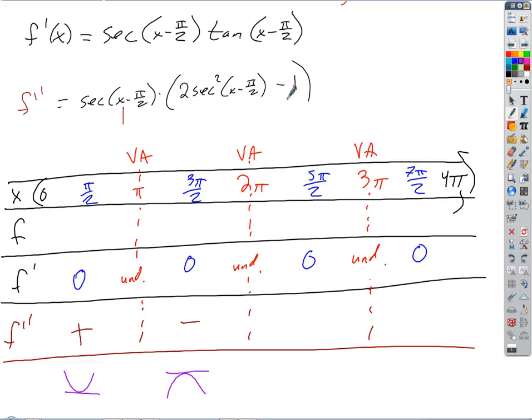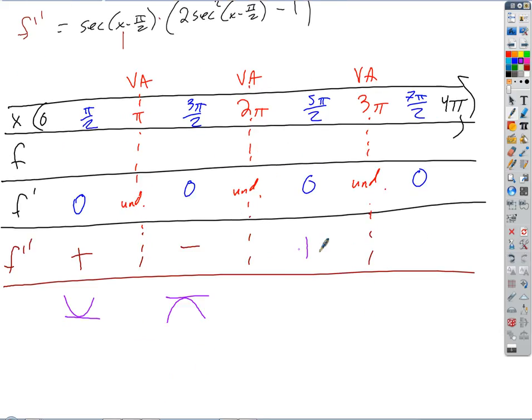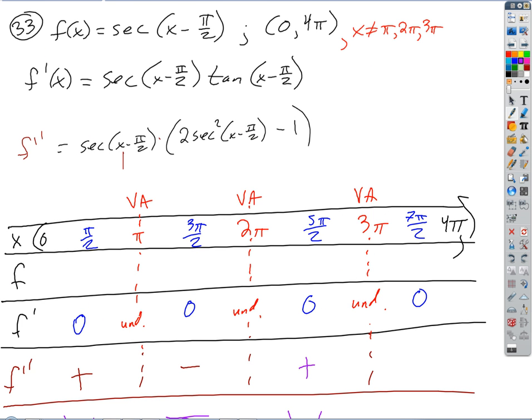Over here, no matter what, we're going to get back positive. And then finally, at 7/2 pi, we're going to get 3 pi, because 7/2 pi minus pi halves is 6/2 pi, which is 3 pi. Same as pi on the unit circle, so that's going to be just like this column.